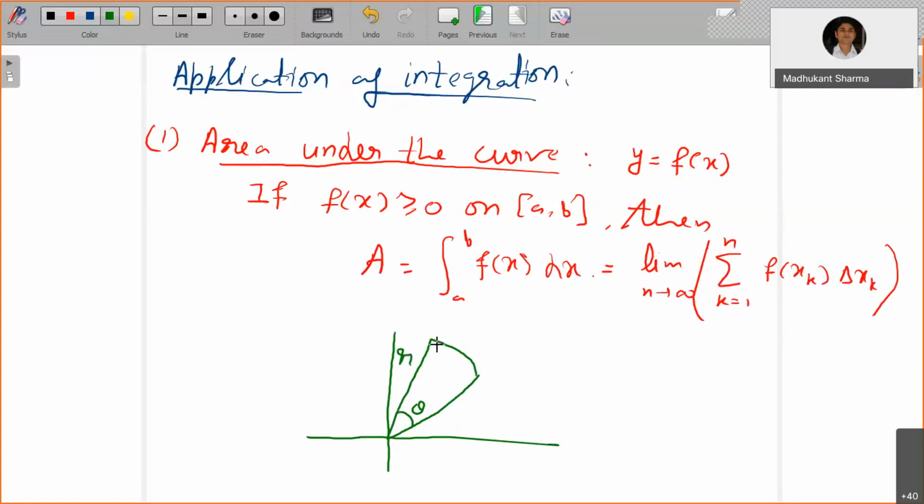What is the area of this cell? This is a part of a circle, so it is pi r squared, multiplied by the fraction delta theta over 2 pi. So that is going to be r squared times delta theta by 2.